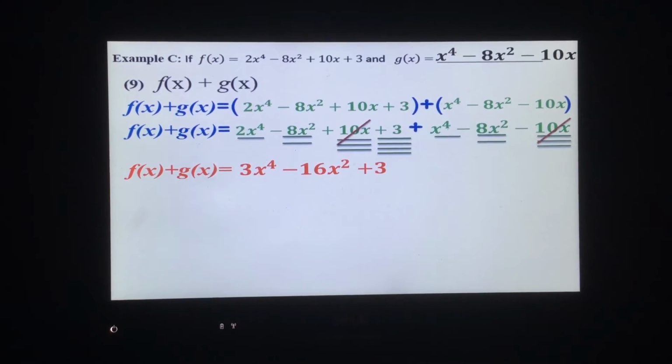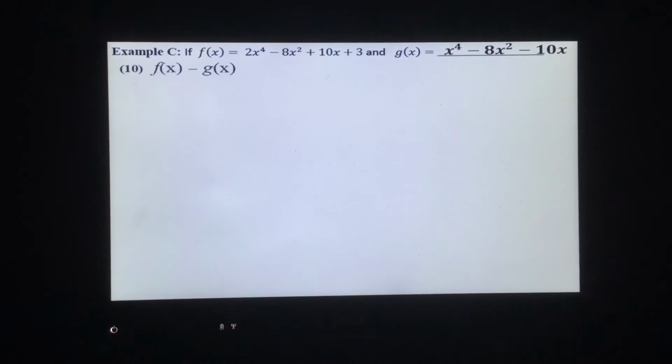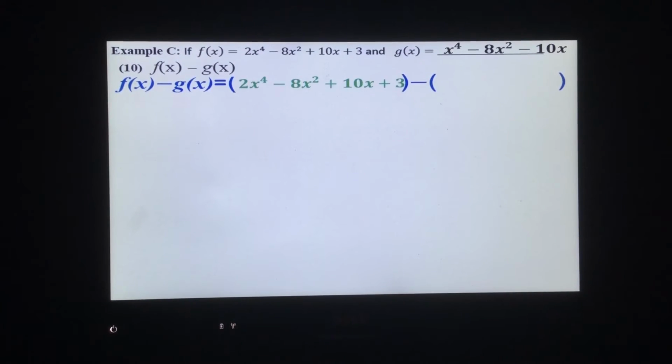Now number 10, we're going to use the same functions, but instead of f of x plus g of x, we are now going to look for f of x minus g of x. So I'm going to write f of x in that big parentheses, and we're going to subtract this trinomial.